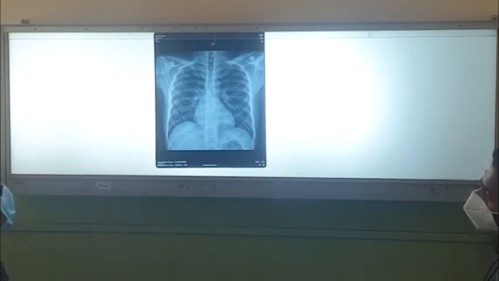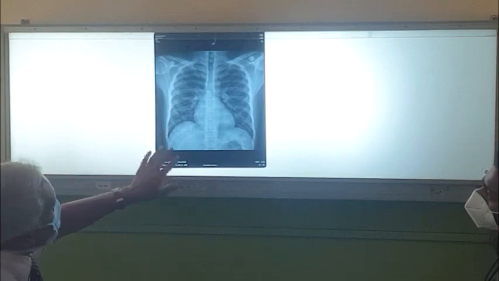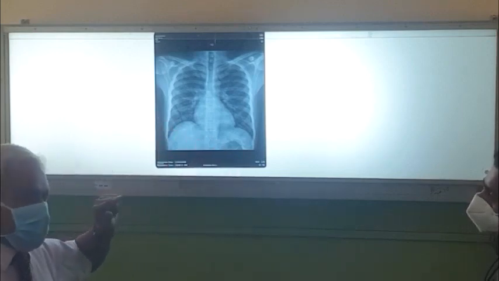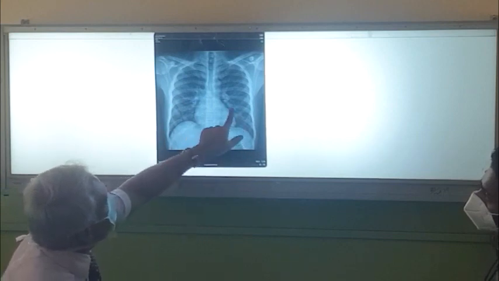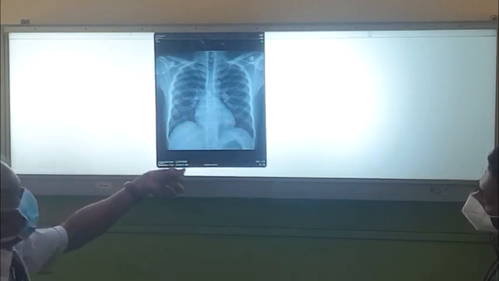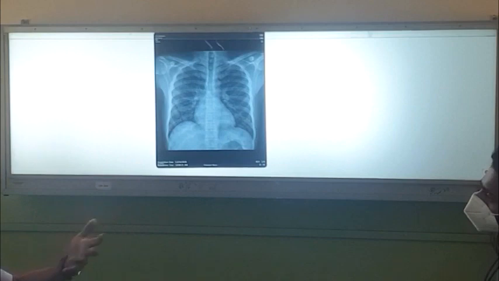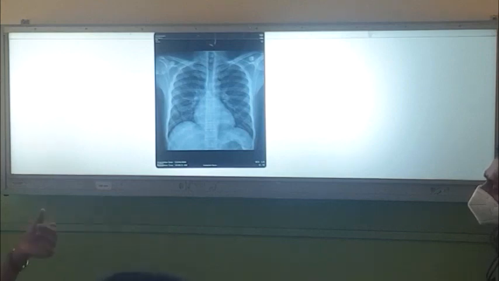The X-ray looked normal, they sent him back, but he came to the private sector. I did a repeat X-ray, but hardly any changes. But if you see clearly, you can see some increased opacities here. Because the patient was dyspneic, I checked the saturation, and it was 80 or something. A young patient, previously healthy, and saturation is very low, right?